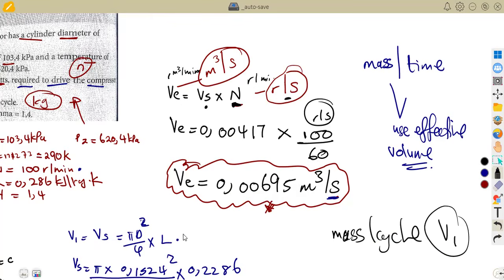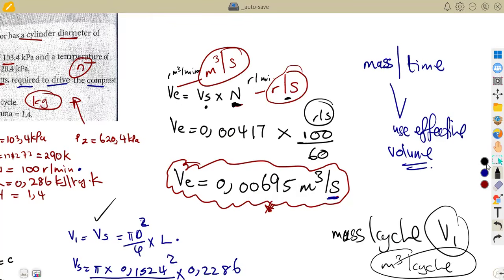And V1, when there is no clearance, is our VS. Why? Because V1 or VS is the volume per cycle, which is just cubic meters per cycle. There's no unit to be considered there. So I have to use V1.